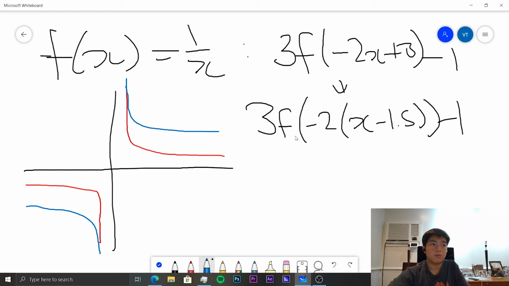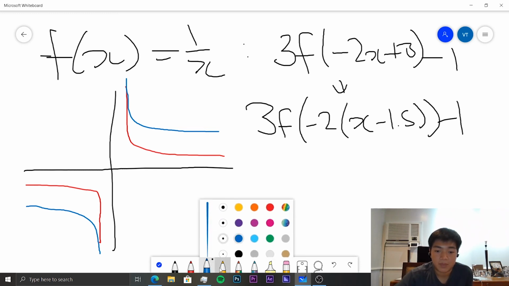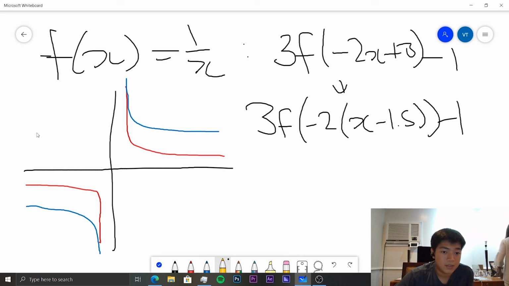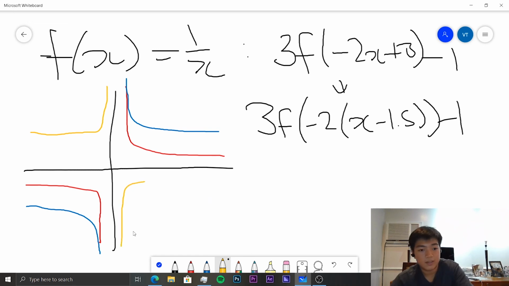So remember, we will then actually compress the graph by a factor of 1/2 and reflect it. So then we would end up with an inverted graph like this. Oh, sorry, I need to follow the blue line.